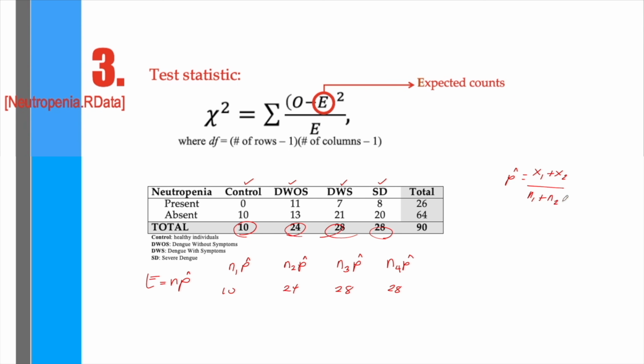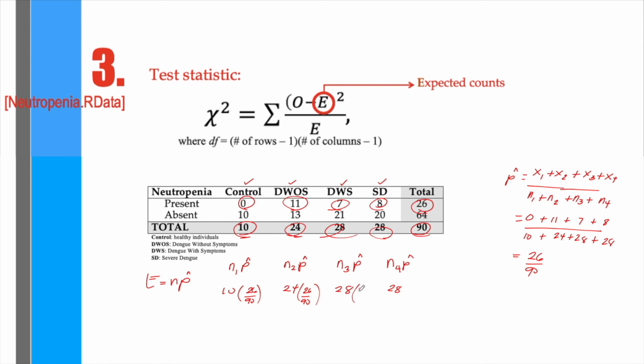Since we have four groups here, then this will be x sub 1 plus x sub 2 plus x sub 3 plus x sub 4 divided by n sub 1 plus n sub 2 plus n sub 3 plus n sub 4, which is basically the sum of 0, 11, 7, and 8 all over the sum of n, which is basically 26 over 90, which is the sum of the first row and the overall total. So we have p hat here as 26 over 90, 26 over 90, and so on.